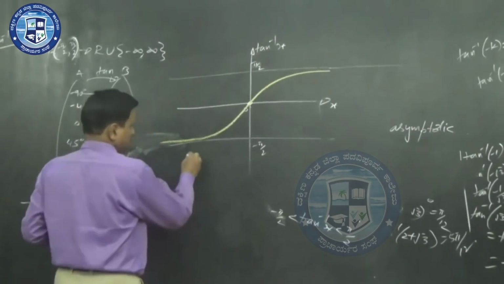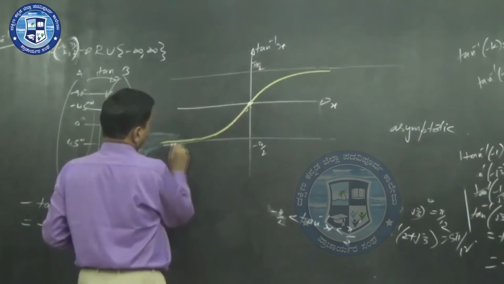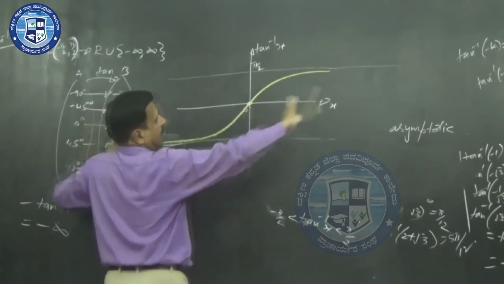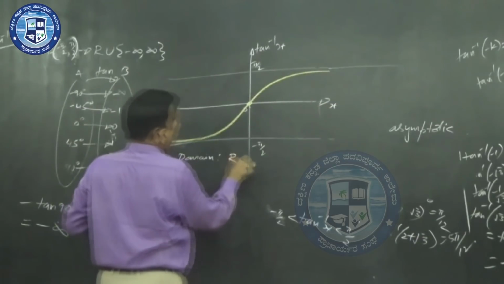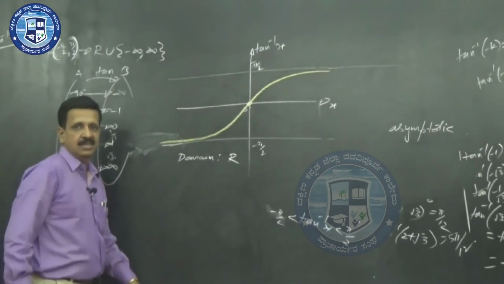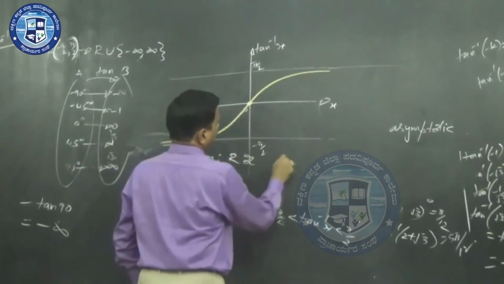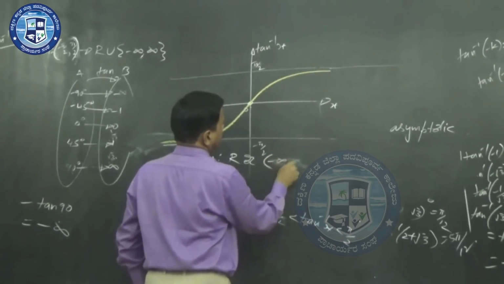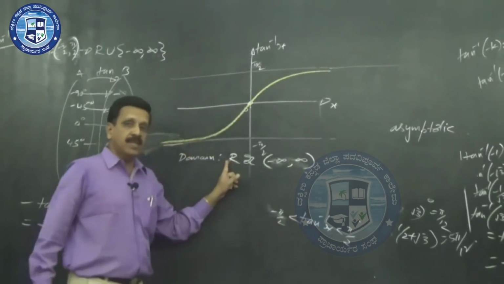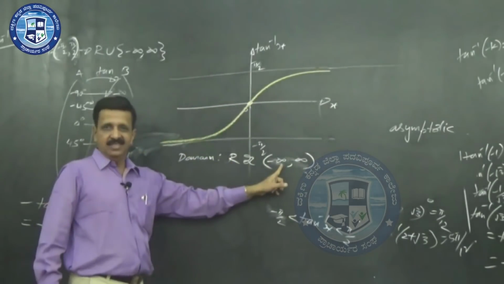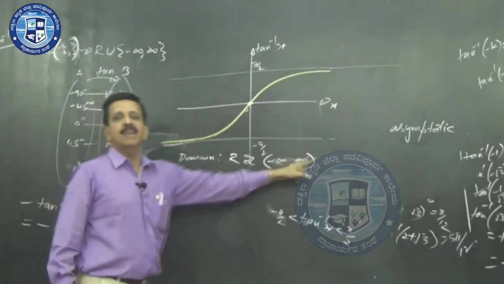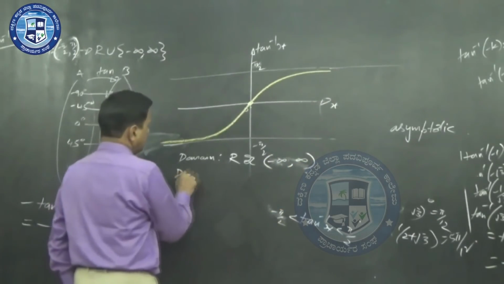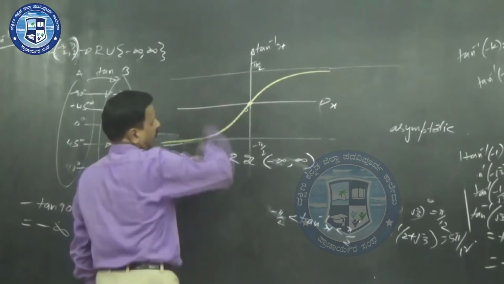And by looking at this comfortably, you can write what is the domain and range. Or you can write any value x between, you can write an open interval minus infinity comma plus infinity. This is the precise way of writing, this is okay. Any value between minus infinity and plus infinity, open interval. And range means values of tan inverse x.